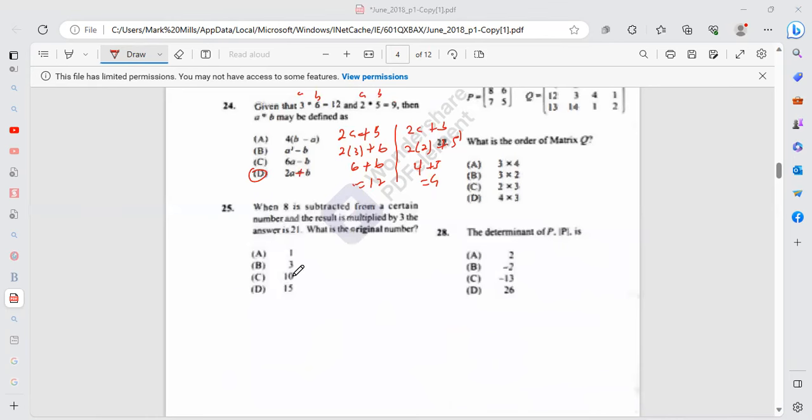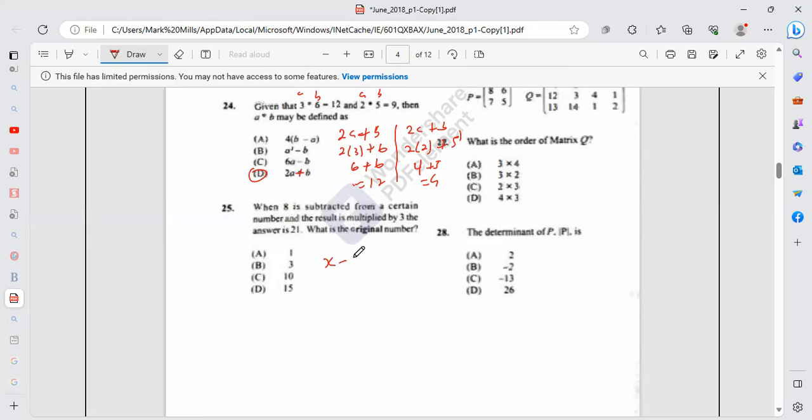Number 25. When 8 is subtracted from a certain number and the result is multiplied by 3, so x minus 8, the result is multiplied by 3, is equal to 21. So this gives me 3x, this gives me minus 24, equal to 21, right?